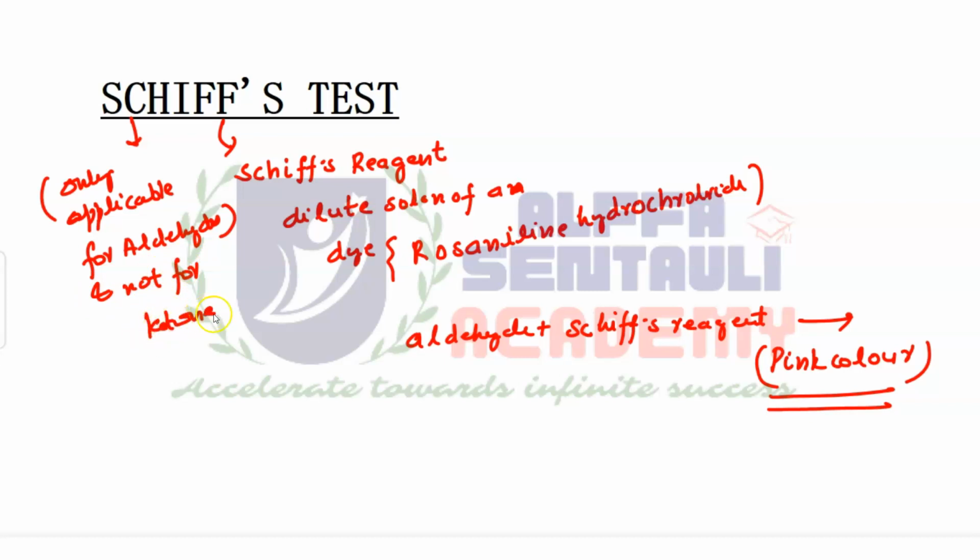So only this much is important; details of this test are not important. What will be the final result of this reaction? There would be a formation of salt, and because of the formation of salt, you are getting pink color. Okay, so now let us move to the next concept.